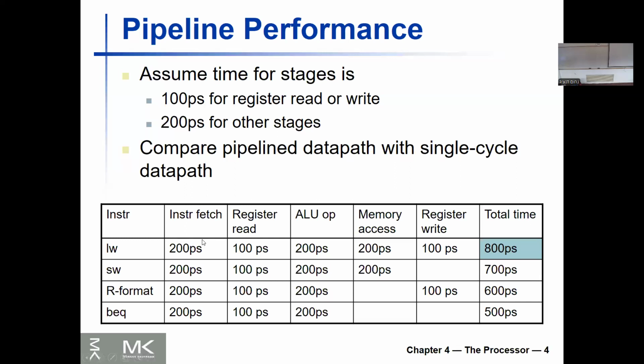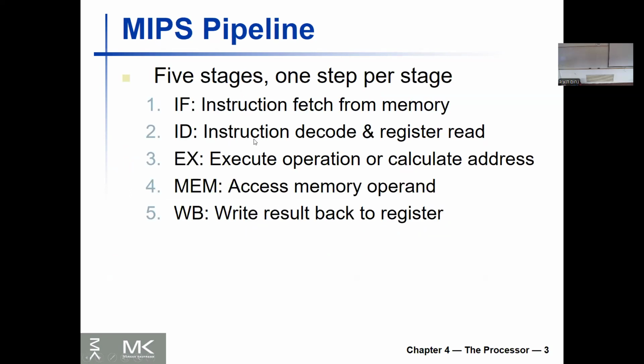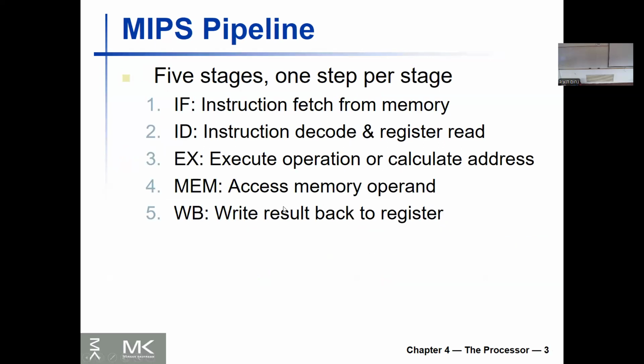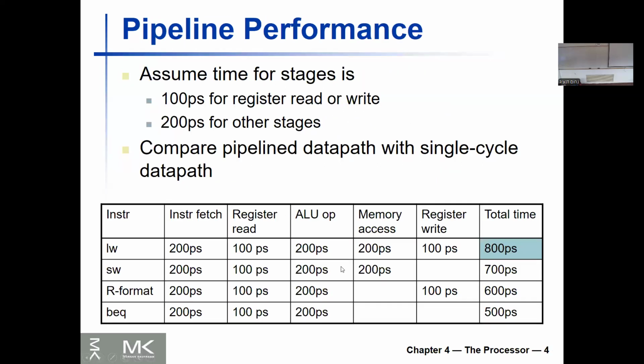The instruction fetch is 200, the register read, in other words the ID, will be a faster stage, only 100. The ALU and the memory will each be 200, and the register write here at the end will also be a shorter stage, 100. So if I add them all up, I'll get 800 picoseconds. That's to do one command in a single cycle, nothing in parallel.